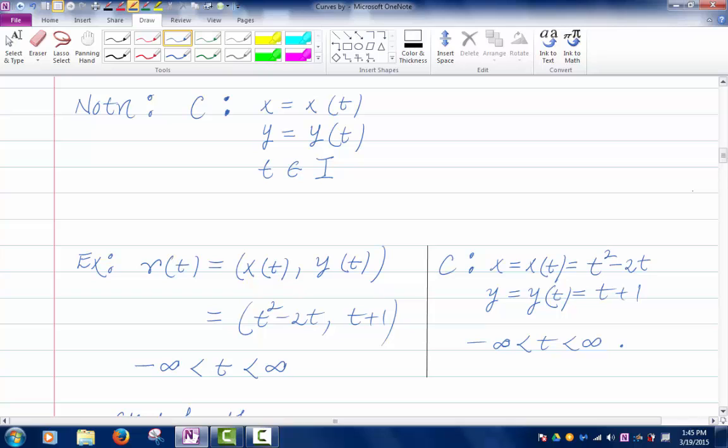Okay? x of t will be a formula in t, y of t will be a formula in t. Okay, so let me write down right away an example.